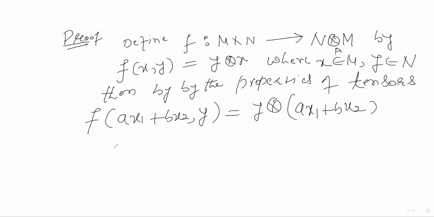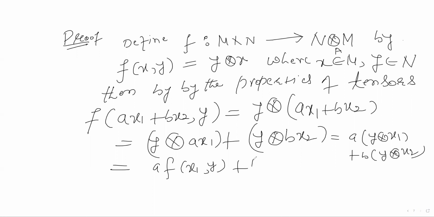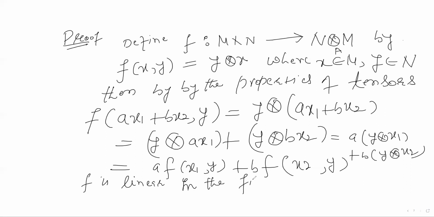But one of the properties of tensors says that it is y tensor a x1 plus y tensor b x2, which is again equal to a times y tensor x1 plus b times y tensor x2, and which is equal to a of F of (x1, y) plus b of F of (x2, y). So F is linear in the first variable.